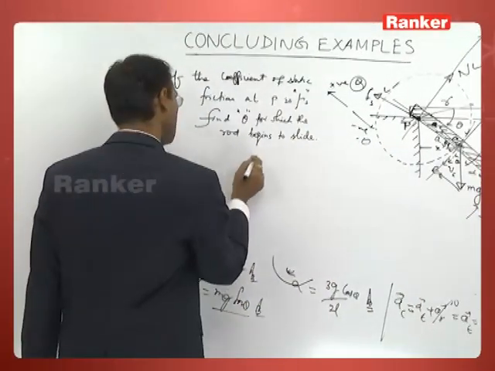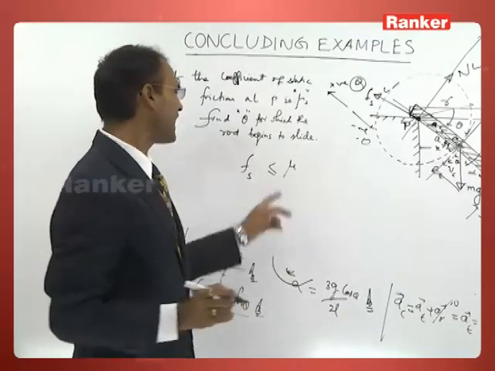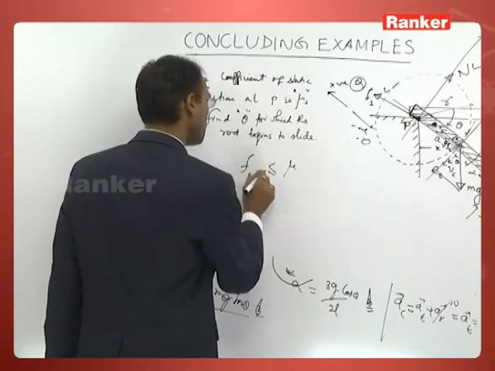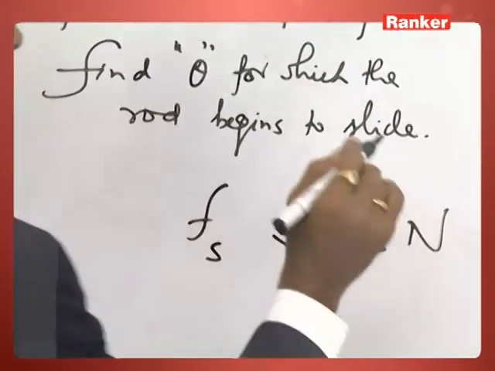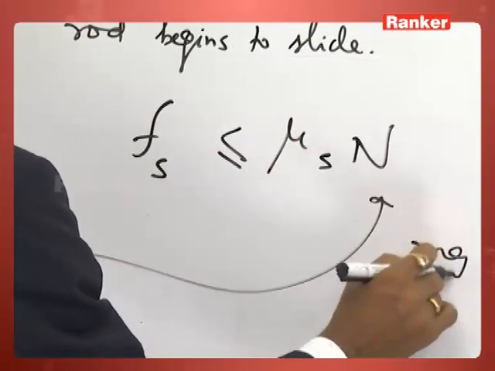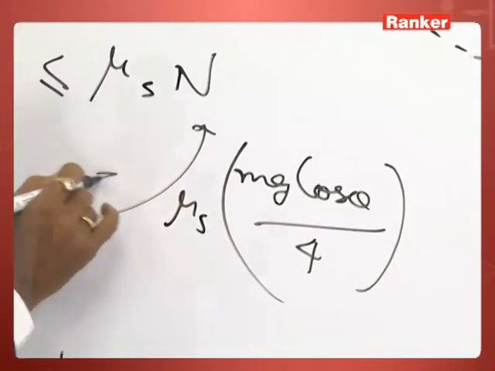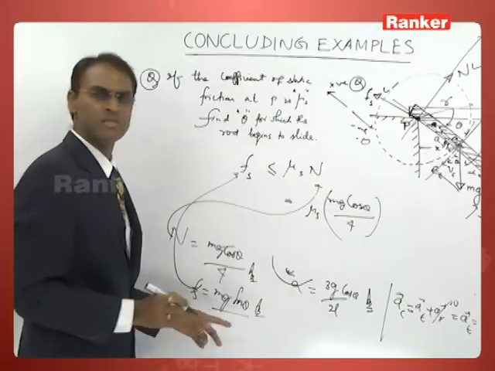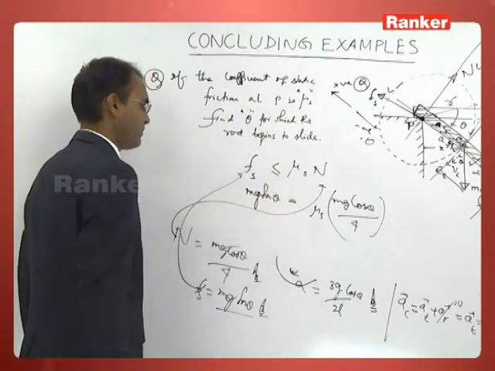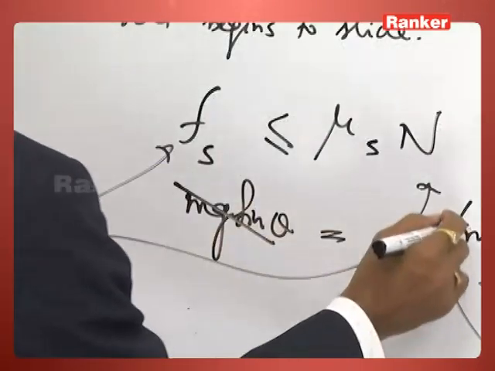For this you need to write an extra equation, that is none other than the law of static friction, which states that Fs is equal to or less than mu s into N. Here N is equal to mg cos theta by 4 and Fs is equal to mg sin theta. mg will be cancelled.